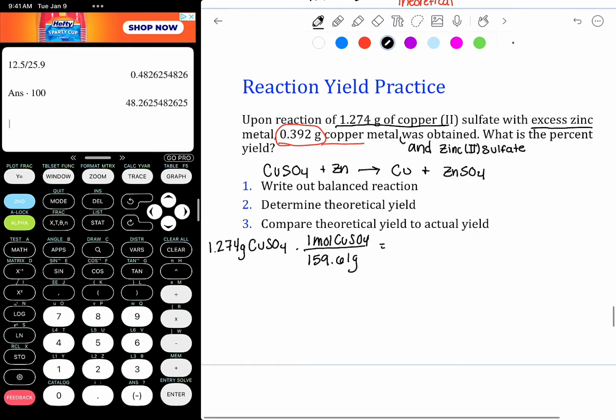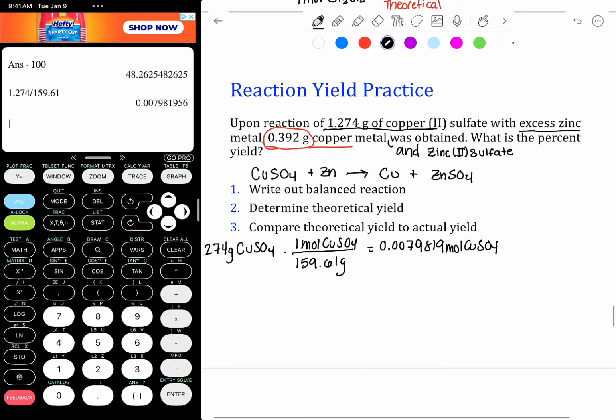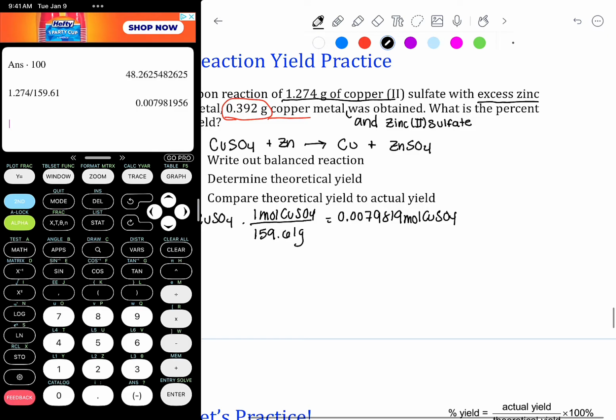So we get out for that 1.274 divided by 159.61, and we get moles of 0.0079819 moles of CuSO4.